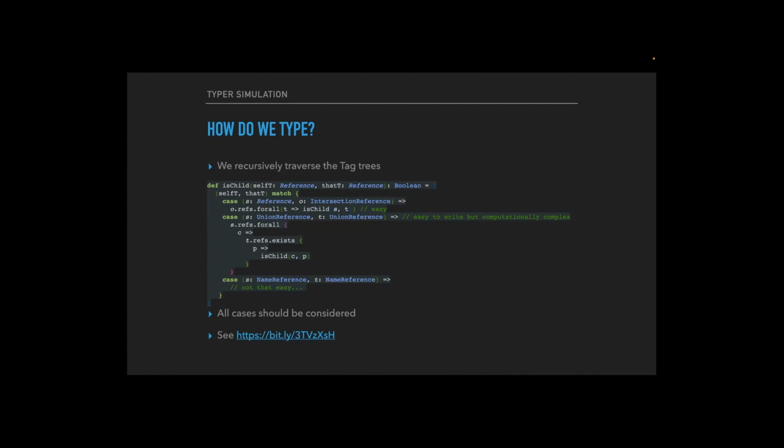It's funny, but the computational complexity for a subtype check of two union types is quadratic. We don't have enough time to walk through all the rules, so if you're interested in that, just follow the link on the screen and check the actual code.